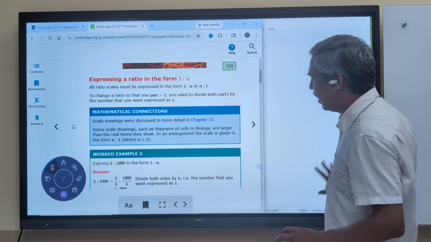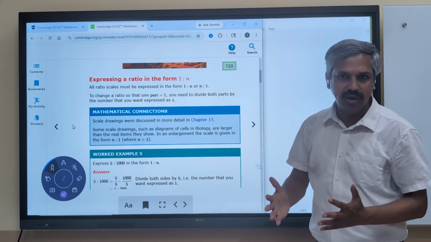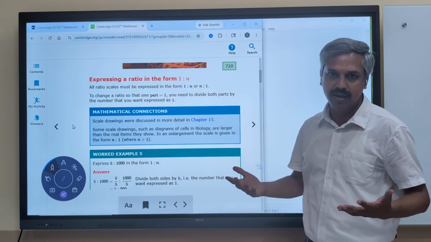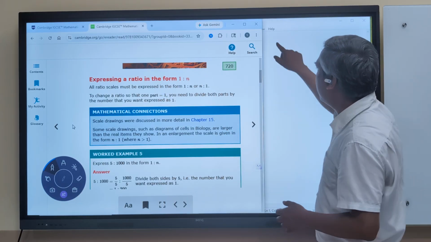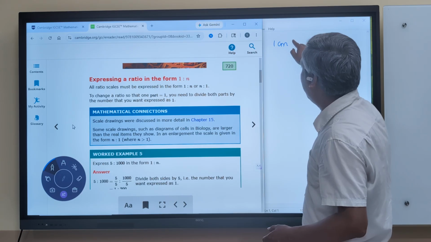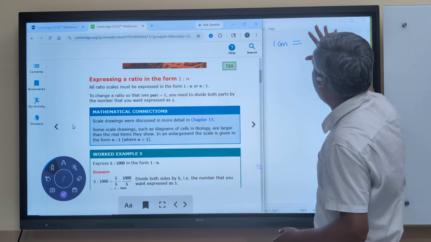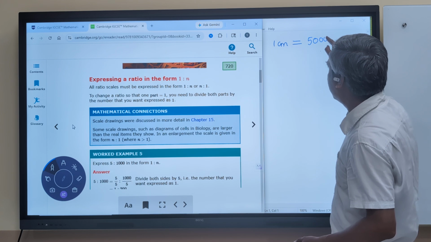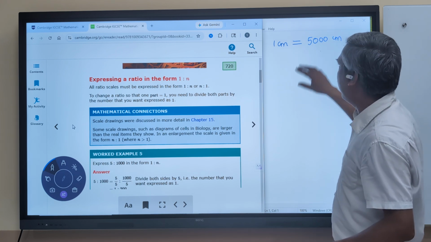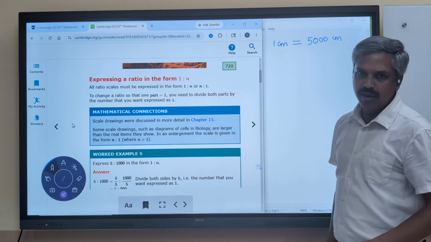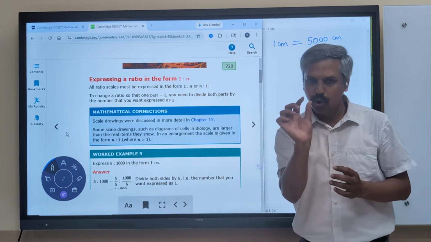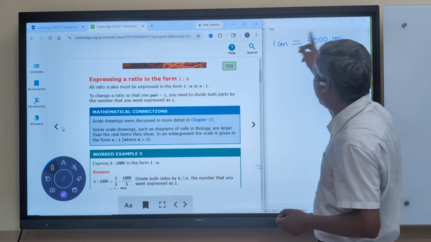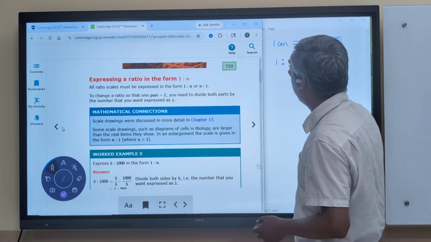This entire screen is far smaller in comparison with the entire society or the entire building. So here 1 centimeter will be equivalent to a far greater value, maybe 500 or 5,000 centimeters. 5,000 centimeters is 50 meters. So what was 50 meters is shown to be only 1 centimeter in the diagram, so the ratio will be 1 is to 5,000.